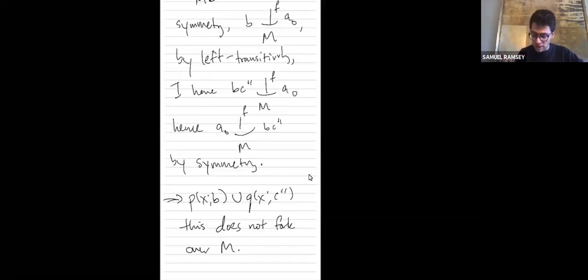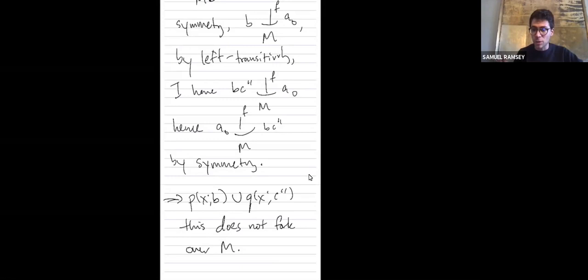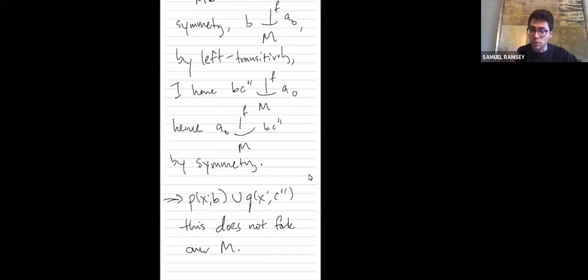But also we chose C prime prime so that the type of A0 C prime prime is the same as the type of A1 C. I just replaced the parameter. So certainly A0 realizes both of these types, but also all this forking calculus that we did showed us that A0 was independent with B C prime prime. So I have a realization of this union of types which is independent from the parameters, which means that the union of types can't fork. What does it mean to be independent? It just means that you don't fork.